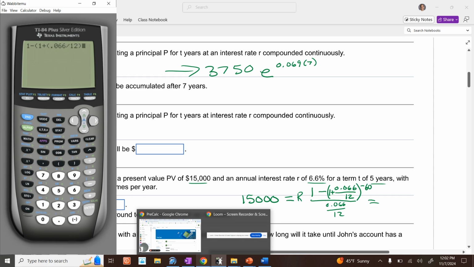Take that inner parentheses to the negative 60th power. Raised to the negative 60th power. Delete that. Okay, so that should be the top: 1 minus 1 plus that. Boom. Uh-oh.